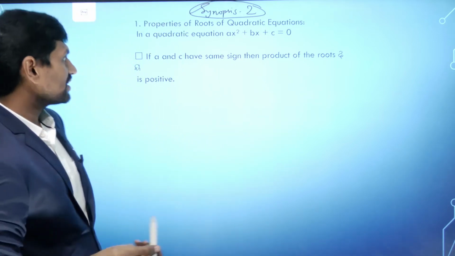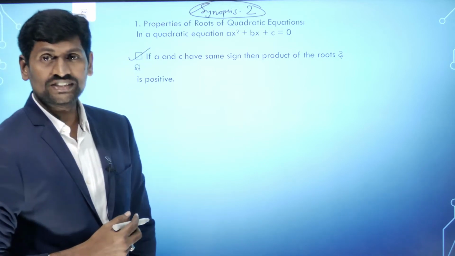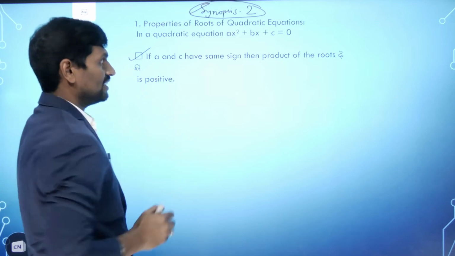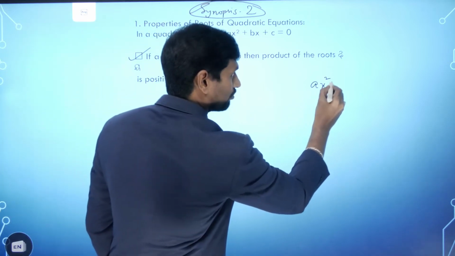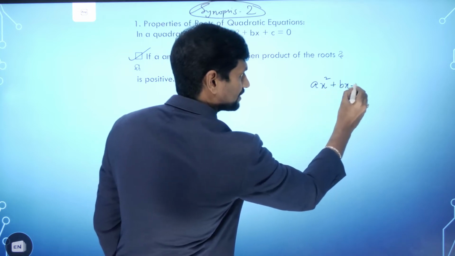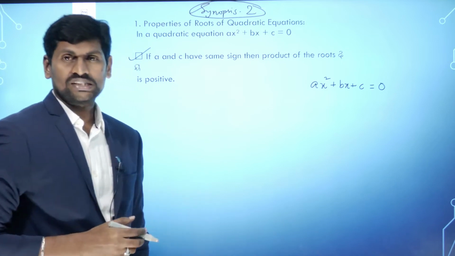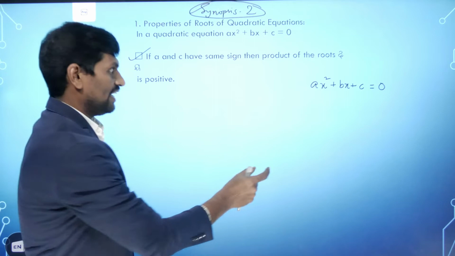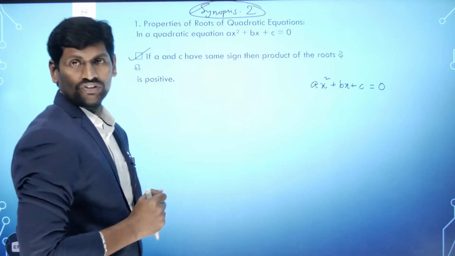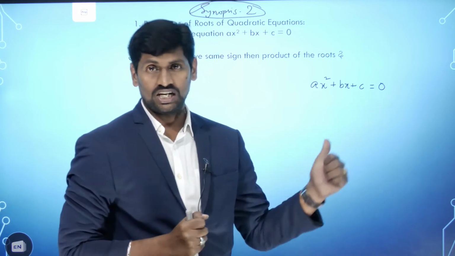Now let us see the first property. We should compare with the general form, ax square plus bx plus c equals 0. This is the general form of a regular quadratic equation. A value is nothing but x square coefficient, b value x coefficient, and c value is the constant term.